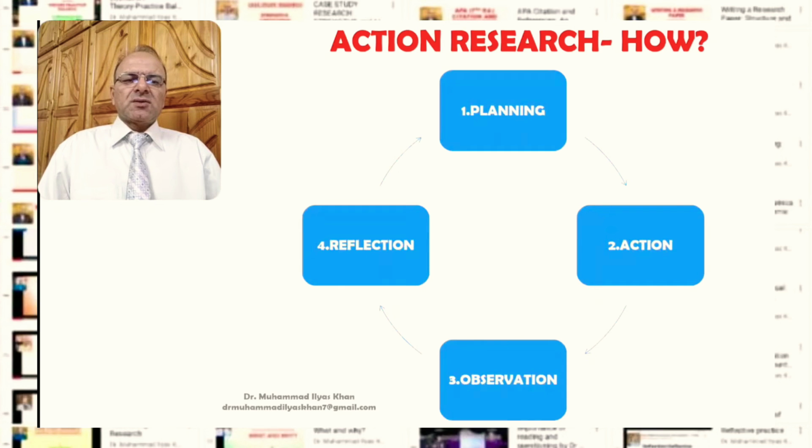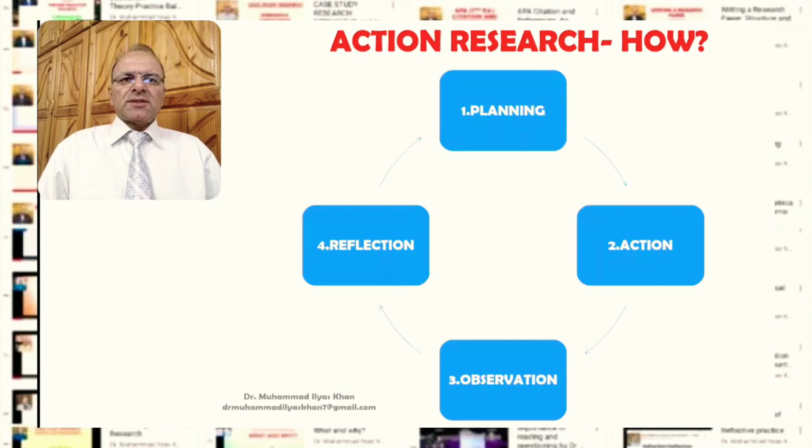Now, the focus of this particular presentation is on the how of action research, or what is the general process of action research. The general process of action research revolves around these four main stages or steps that take place in a cyclic process. The first one is planning, and then this is followed by action and observation and reflection.